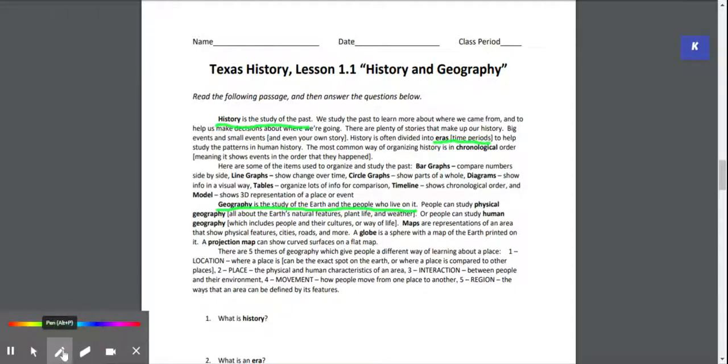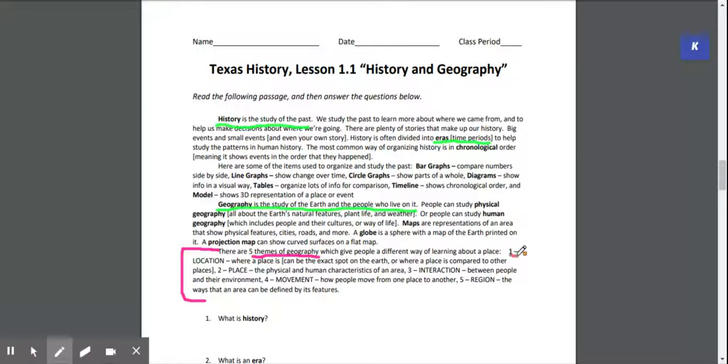This part right here, boys and girls, is really important. I want you to draw a line just like this. And on this paragraph, we're going to study about the 5 themes of geography, which give people a different way of learning about a place. So these are the 5 themes of geography.